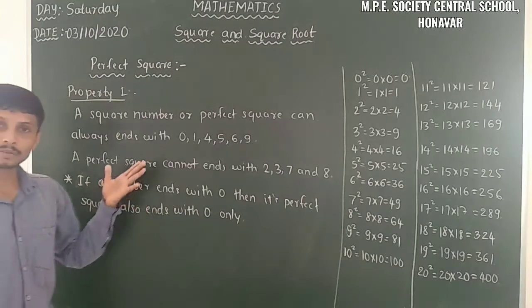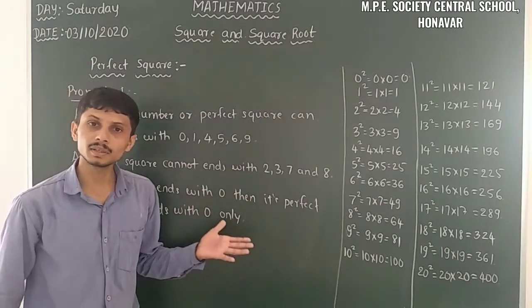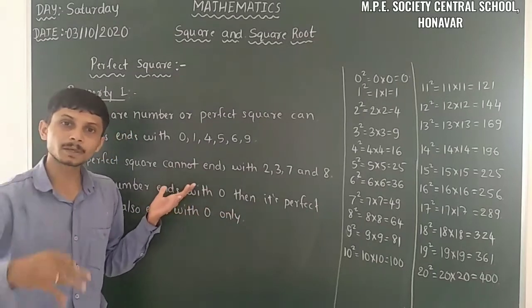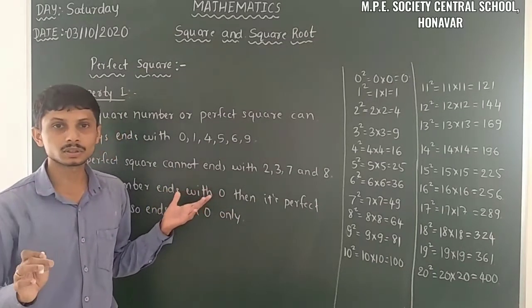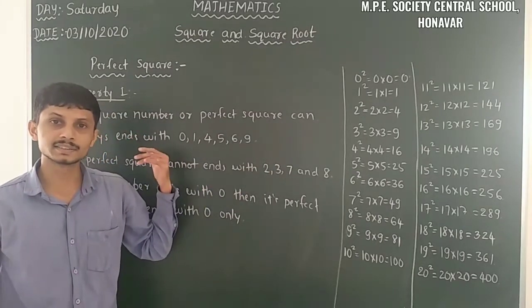When we have a number 10, 20, 30, 40 like that, that number ends with 0, so its perfect square must end with 0 only. There is no possibility of other ending digits.